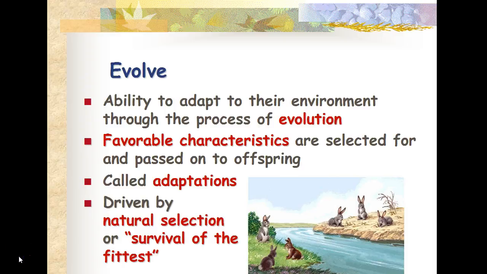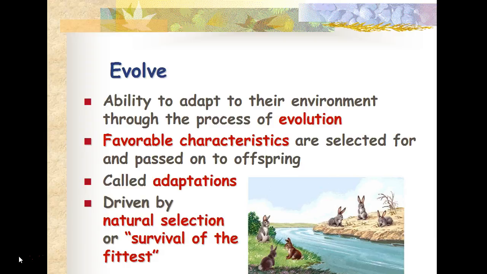These favorable traits are called adaptations. So if someone can adapt to their environment, that means they can live in the environment more successfully than anyone else. Those are adaptations, and that increases the organism's fitness. All this is driven by natural selection, which we talked about last lecture, or survival of the fittest, a phrase coined by Charles Darwin. We'll talk about him in more detail when we get to the evolution section.